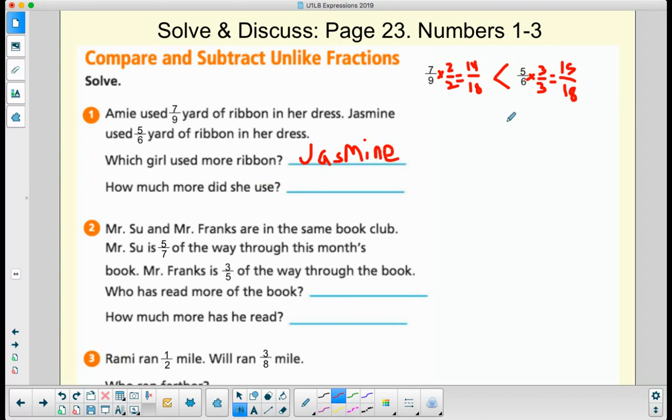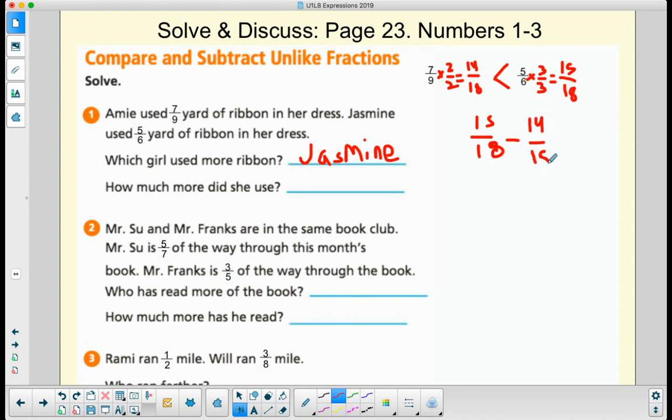Now, how much more? Take my greater one. My greater is this side, 15/18. Subtract my lesser, 14/18. And this really is mental math now, isn't it?